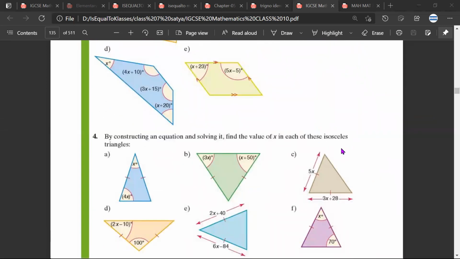How do I do E part? Mr. Satya? So we have to do x plus 23 plus 5x minus 5, which is equal to, so I think 180, right? Because they're asking only two.